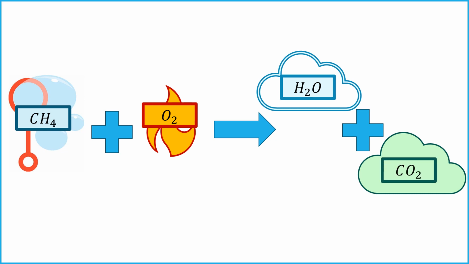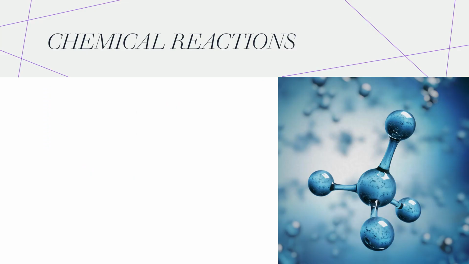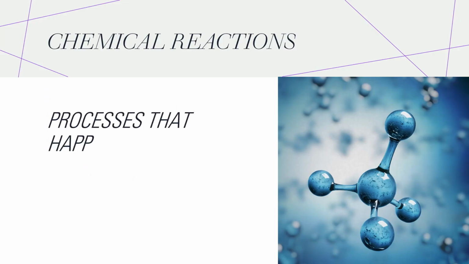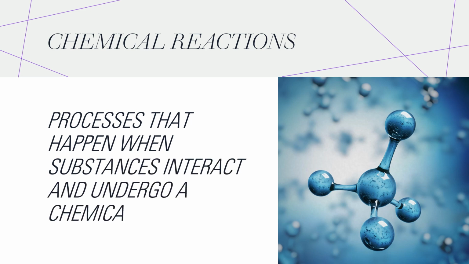So, is this a chemical change? Did a new substance form? Yep, we started with propane and oxygen and ended up with water and carbon dioxide. These are different molecules.